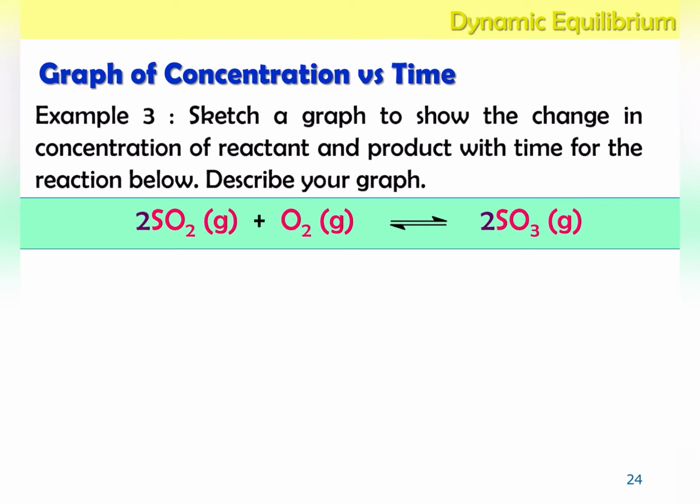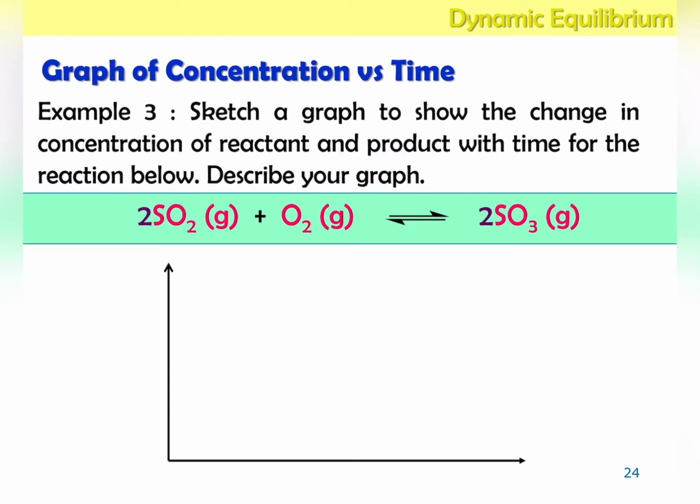When you want to sketch a graph, you have to make sure your graph has a y-axis and an x-axis. So how do you want to start? The first step, give the title for your graph. So our title is going to be graph of concentration versus time. And after that, you have to label the axis.